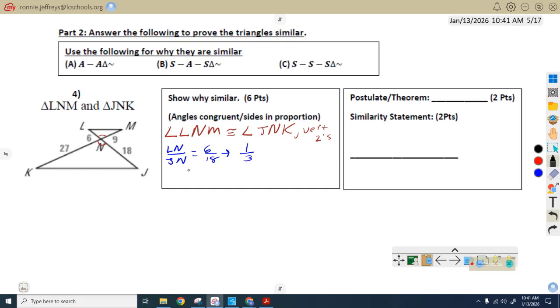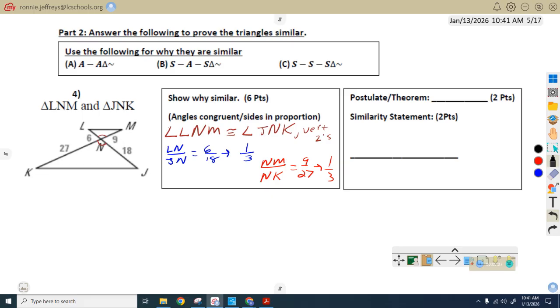And then NM over NK. That's 9 over 27, which is 1/3.